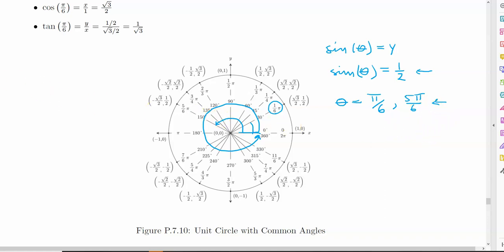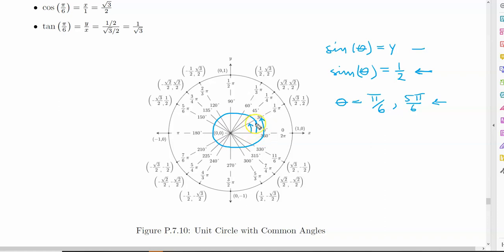Now to find all the possible solutions to this equation right here, just take note that if we move through an angle pi over 6, that gives us the same terminal side if we were to move all the way around another 2 pi radians, or 360 degrees.